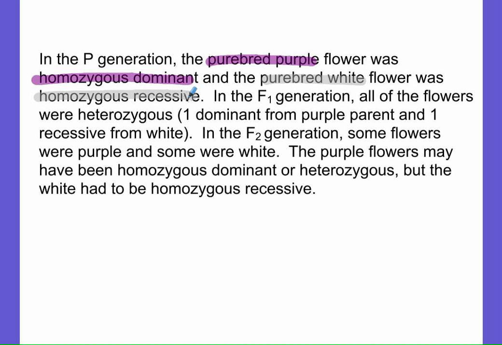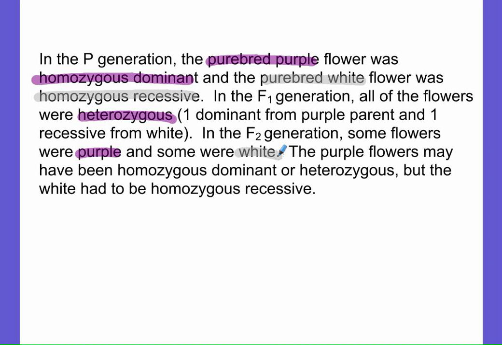And in the F1 generation, all of the flowers were heterozygous. And because they're heterozygous and have that dominant allele, they're all going to be purple. And then in that F2 generation, some of the flowers were purple, some of them were white. That white showed up again.